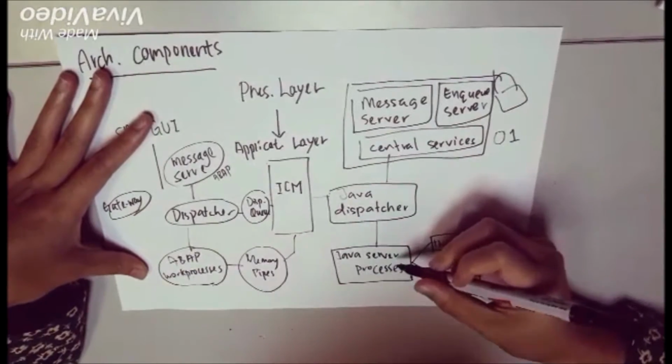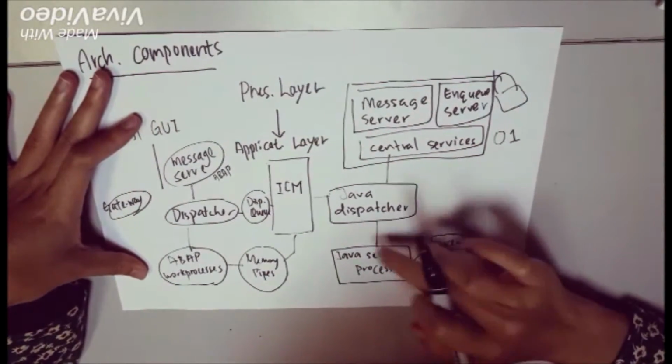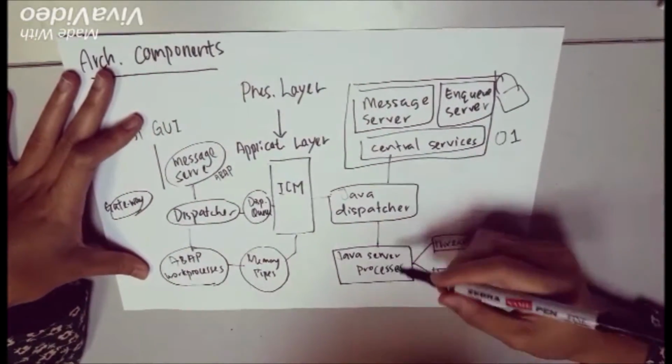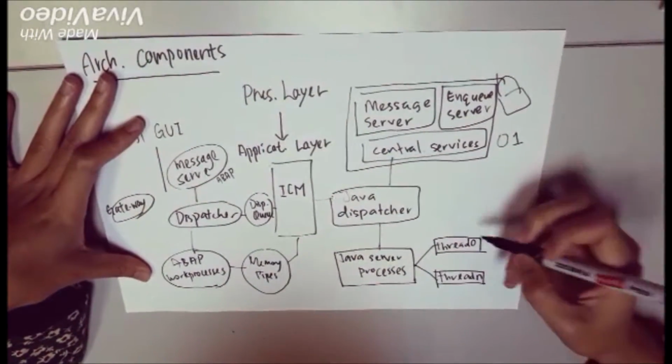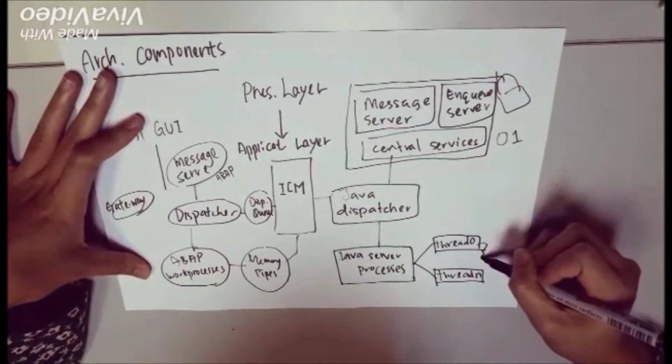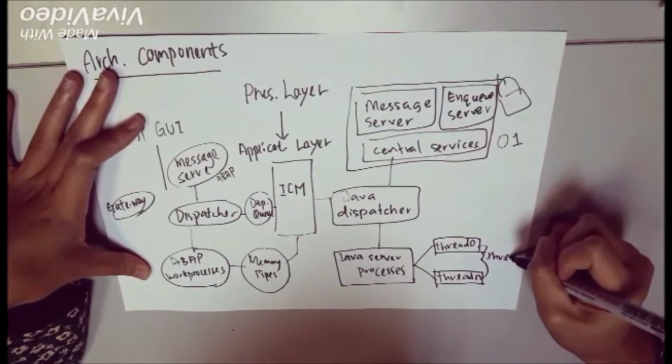The Java server process can process a large number of requests simultaneously. Thread 0 and thread n, we also call threading.